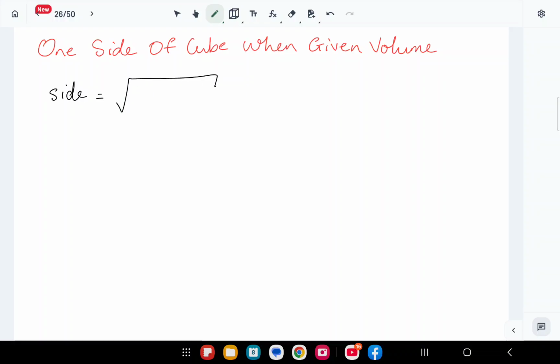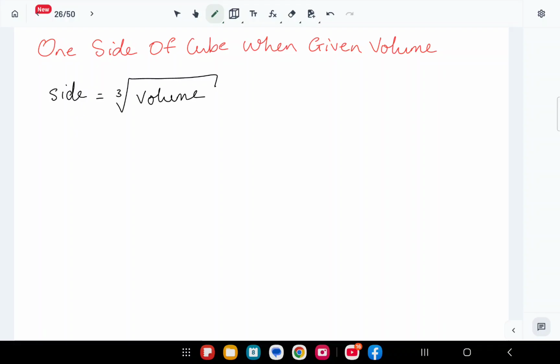So we use a square root sign and we put a 3 on the outside here to represent the cube root of the volume. So to solve for the cube root of something is basically saying what number multiplied by itself 3 times will give you that volume or that answer.